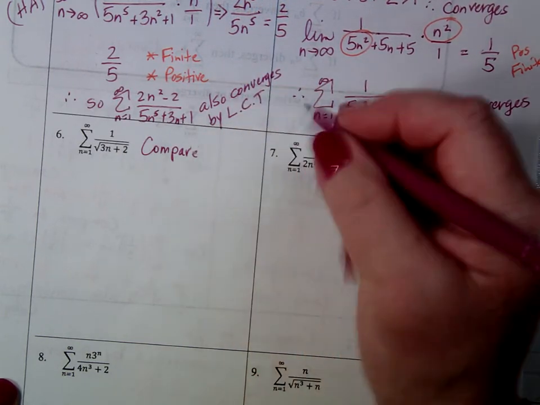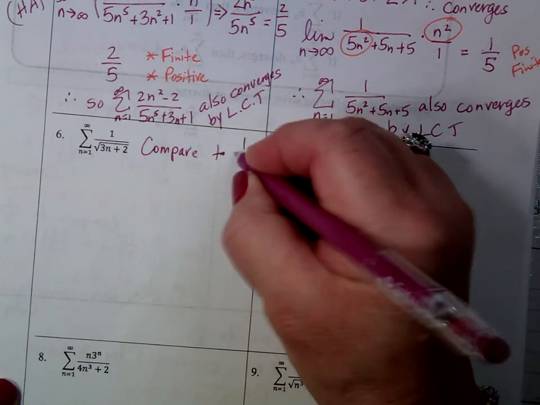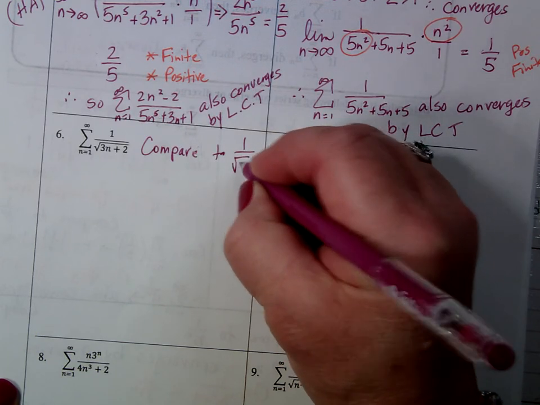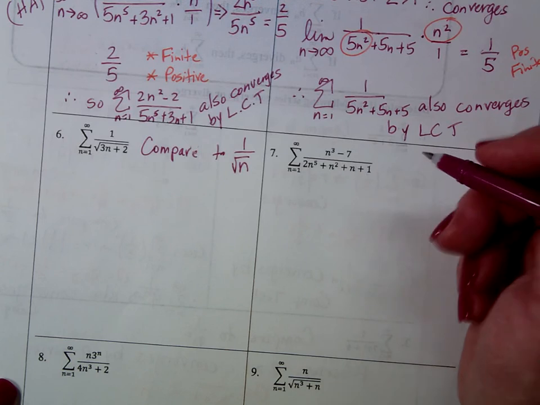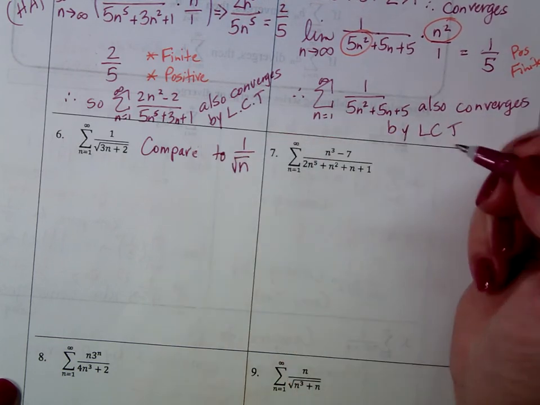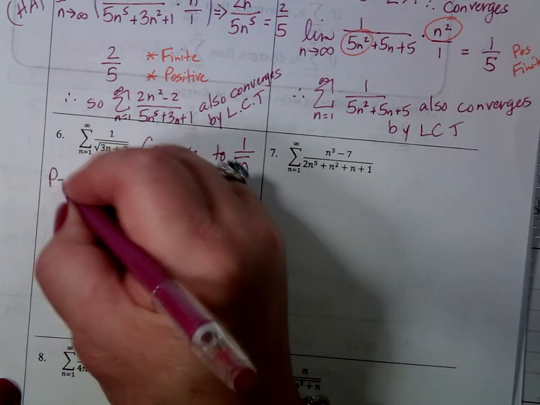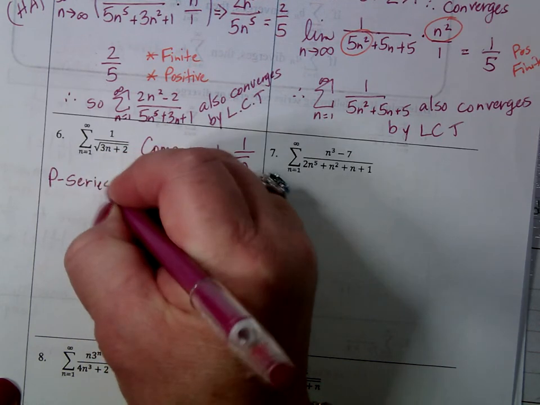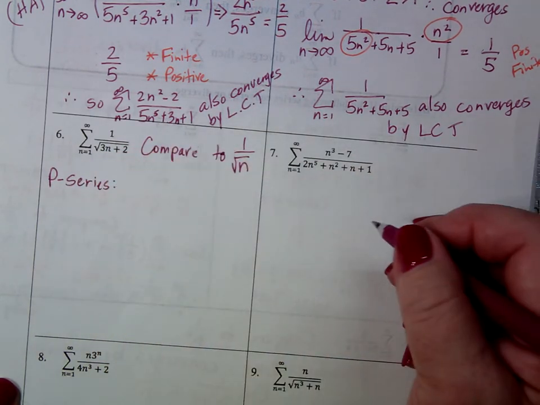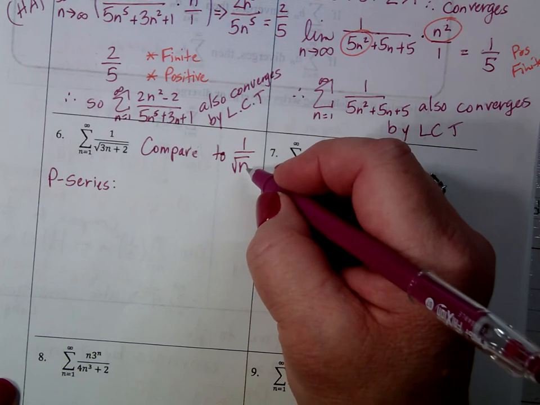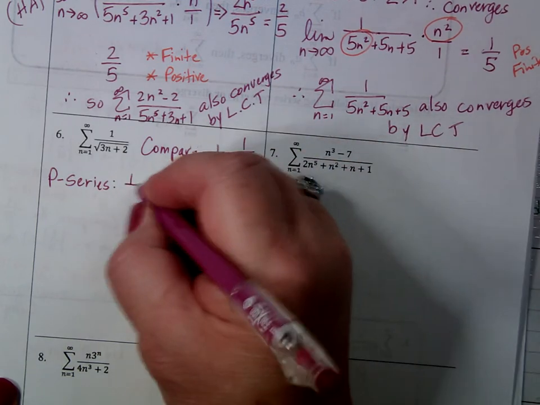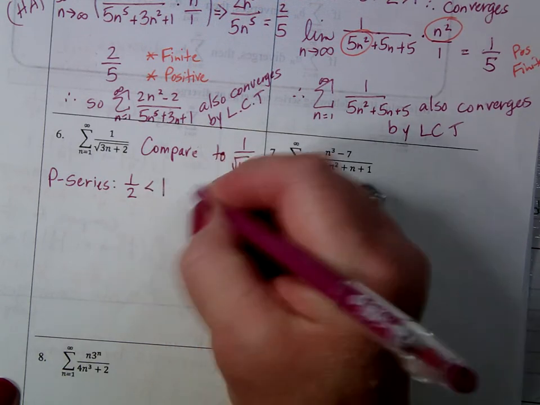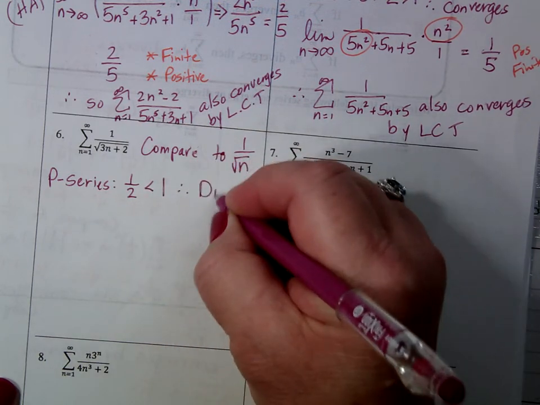Compare to 1 over the square root of n. Right, because that's really what it is. It's 1 over a square root. So I'm going to compare it to 1 over the square root of n, and I can still use my p-series. But now my power is a square root. Well, what's the power of square root? It's like a 1/2 power, and 1/2 is now less than 1. And so by the p-series test, I know that this diverges.